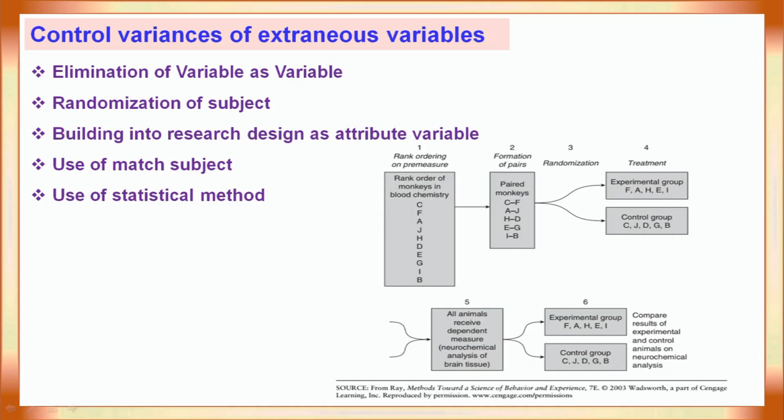Like if you are studying the driving skill of students and you think gender may be an extraneous variable, or you are studying achievement and you think socioeconomic status may be an influential variable that can affect the achievement of students apart from the teaching methods.